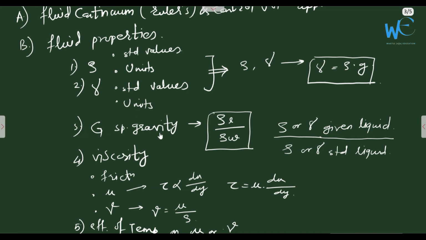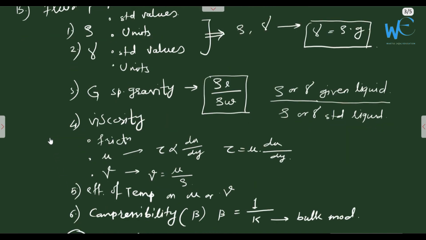Then we studied specific gravity. What is specific gravity? It is the density of the given liquid divided by the density of a standard liquid. After specific gravity, we went to viscosity. Before jumping into viscosity, we briefly studied friction, the two types of friction, dry friction and wet friction, and we started to study wet friction or viscous friction for fluid mechanics.